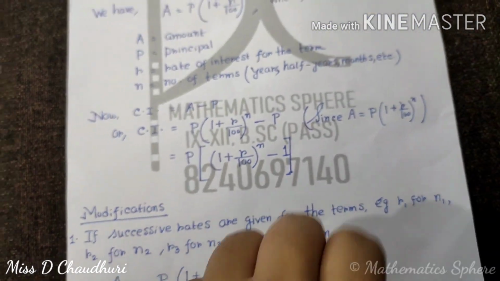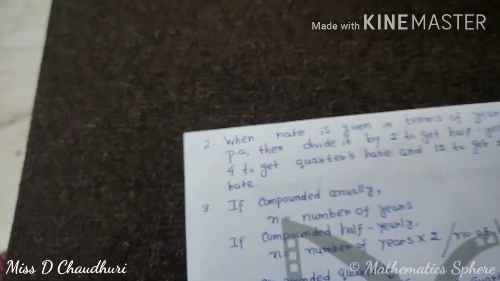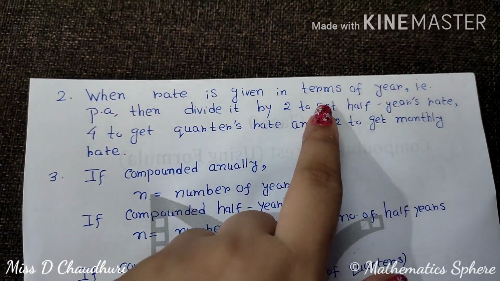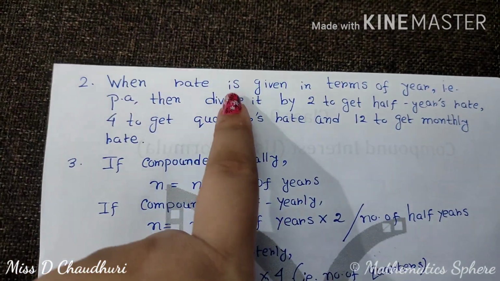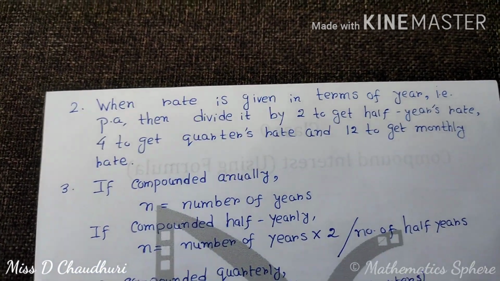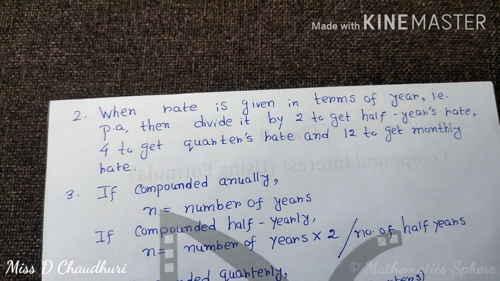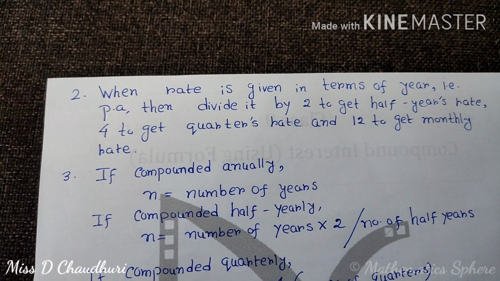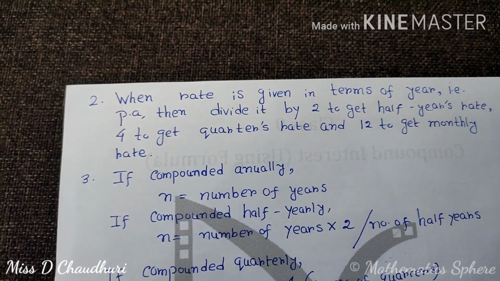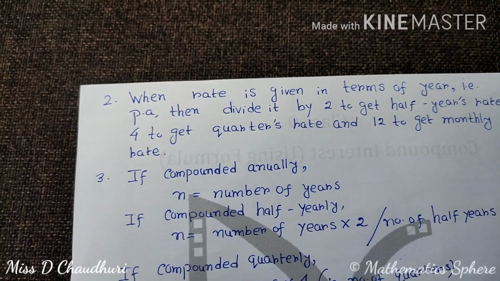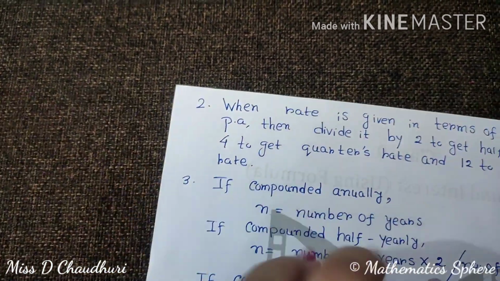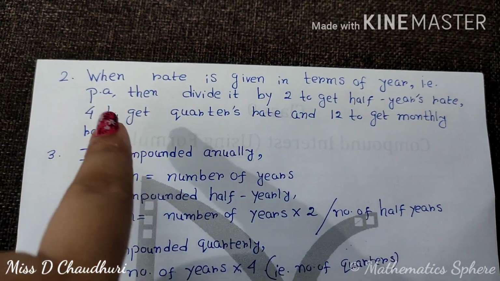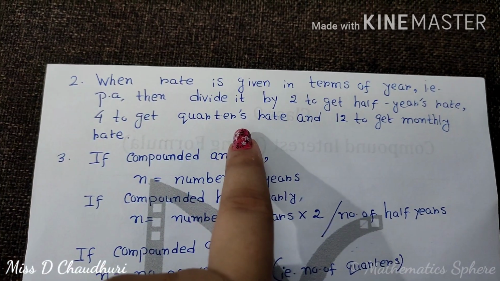Okay, next what modification should be done? See now what the rate is saying, I have already mentioned it. If the rate is given in years, means you are given a per annum rate, but you will have to find half yearly interest, means the interest will be compounded half yearly, or the interest will be compounded quarterly. Quarterly means after each 3 months. Then in that case you are going to divide the rate by 2 for half year, and you are going to divide the rate by 4 for quarter.